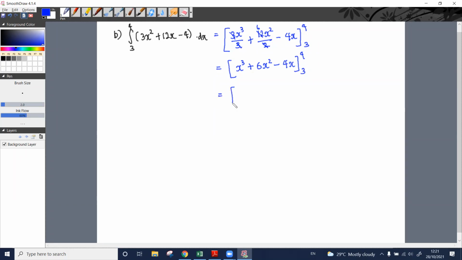And then we need to substitute. First the upper value: instead of x, we substitute 4. 4 to the power 3 plus 6 into 4 squared minus 4 into 4. From that, we need to deduct the answer we get by substituting the lower value, 3 to the power 3 plus 6 into 3 squared minus 4 into 3.